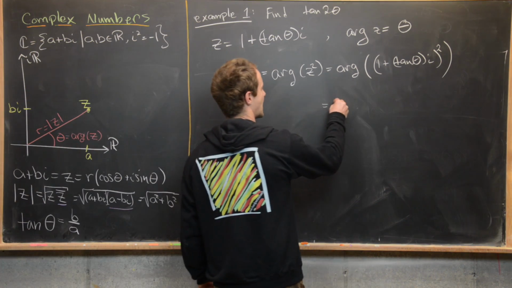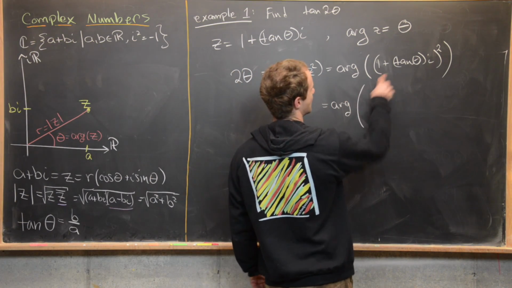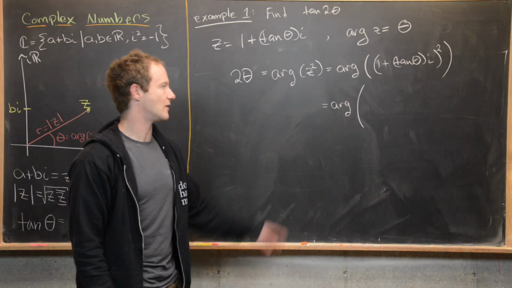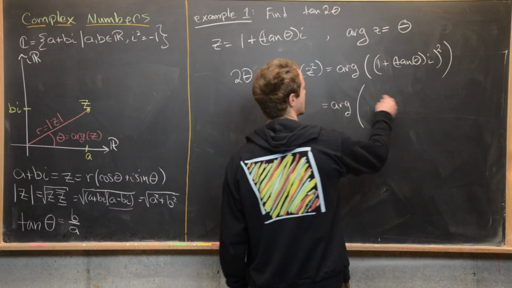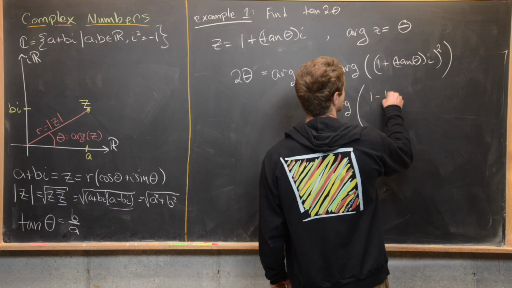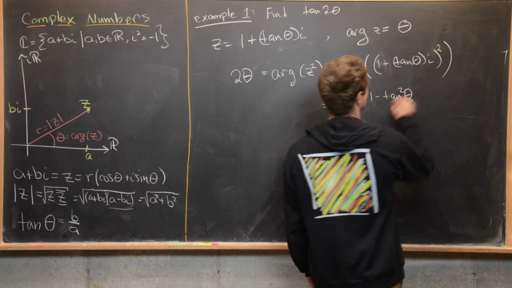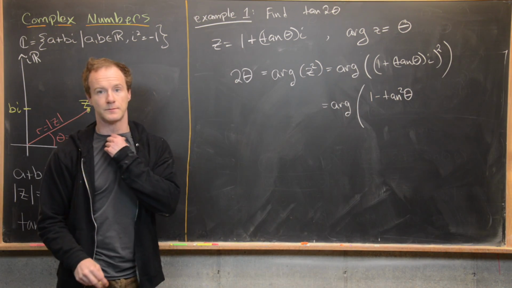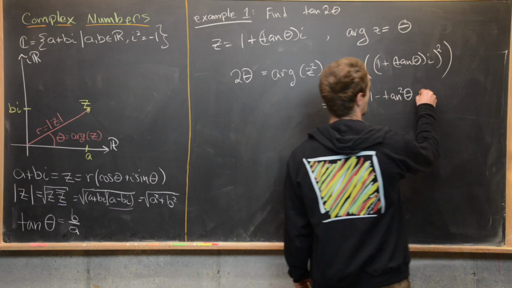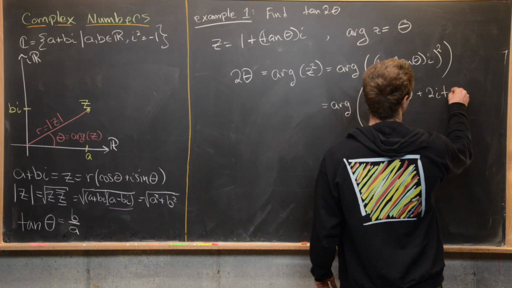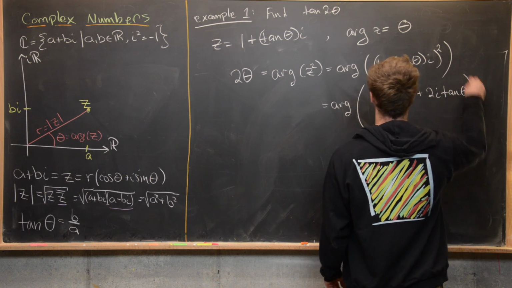If we calculate that, we multiply out this right-hand side, and we'll get 1 minus tangent squared theta. So that's what we get for the real part. And for the imaginary part, we'll have plus 2 times i times tangent theta, like this.